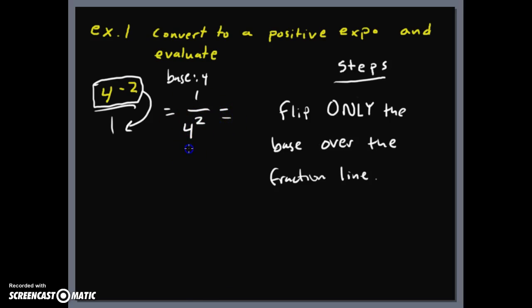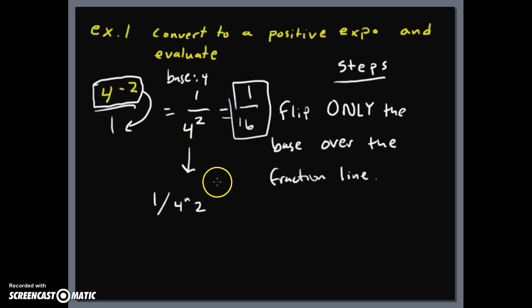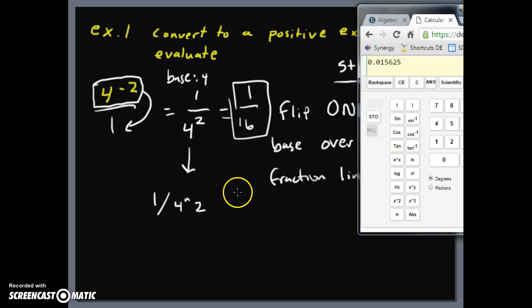Now if I put this in Schoology, because you're going to have to write these as positive exponents, what that looks like is 1 divided by 4 to the positive second power. Now for evaluating, we know how to evaluate these. 1 divided by 4 squared, which is 16, so that would be our answer after we evaluated. Flip only the base over the fraction line. That's how you convert it to a positive.